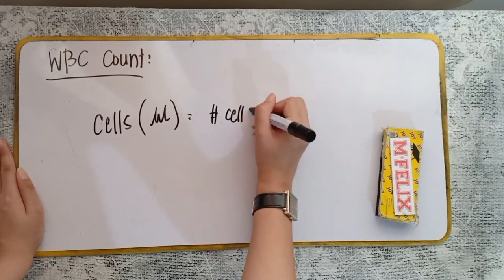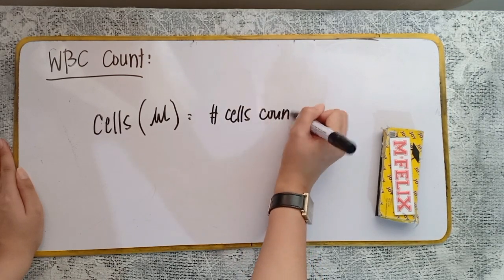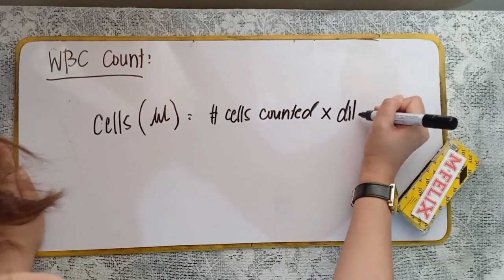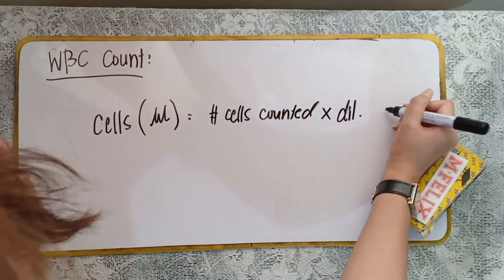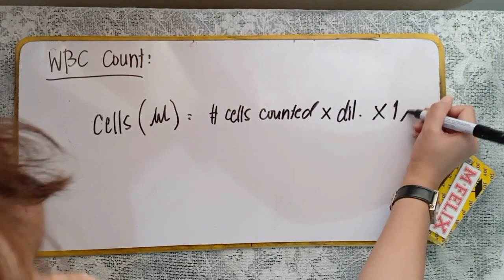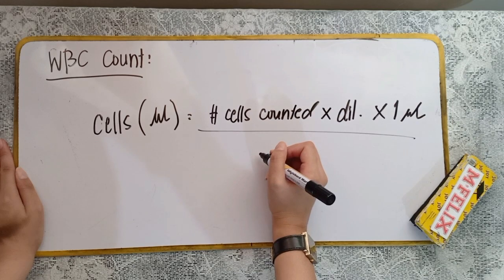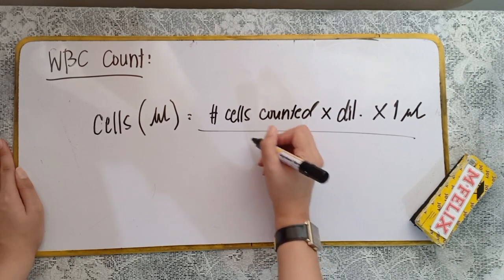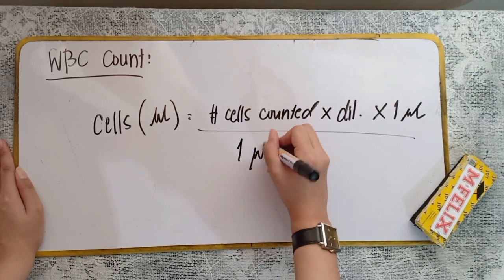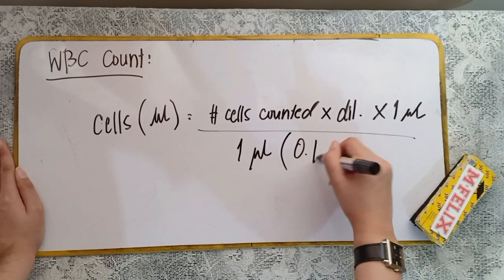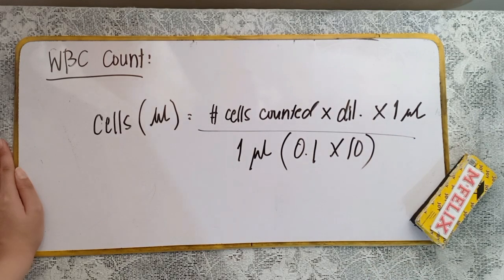Number of cells counted times the dilution times 1 microliter, divided by the area counted times the depth times 1 microliter. Kung paano mo ma-derive ito, class, you just simply multiply 0.1 times 10. So this would be our formula.